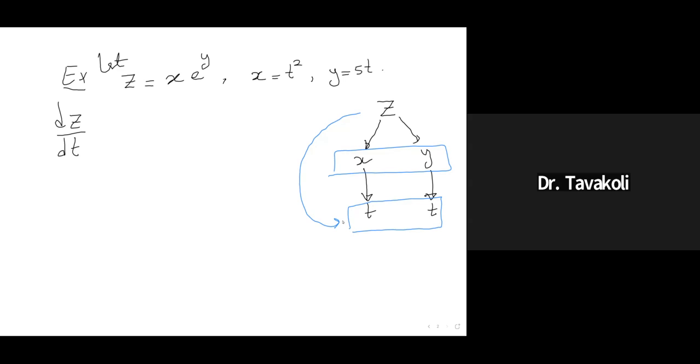Later in this lesson, we see cases where, in addition to t, we might have some other variable s at that level. So the question is to find this. Before we do this example, let me explain in general how we deal with this and then come back and finish this example.